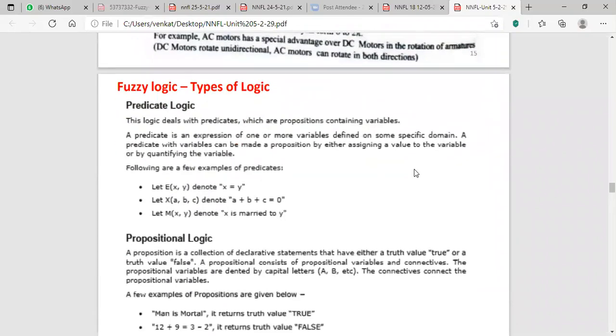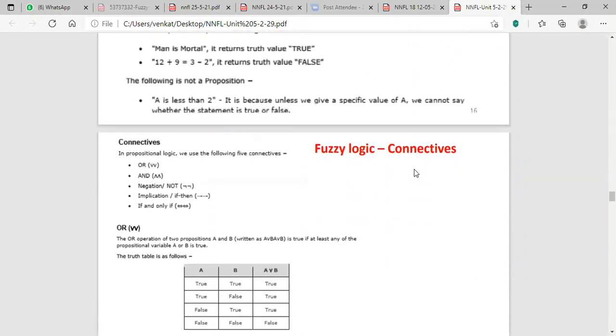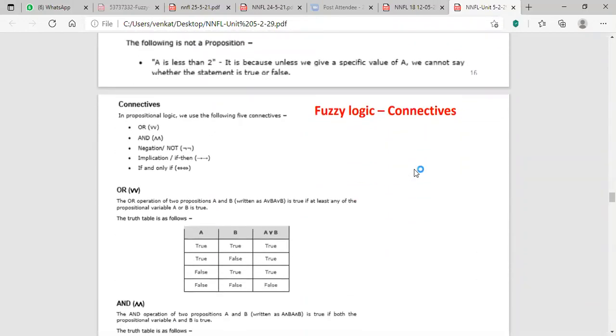So we have predicate logic, fuzzy logic, types of logic, predicate and propositional logic. In this you have connectives. In propositional logic, the connectives are or, and, negation, implication, if and only if.